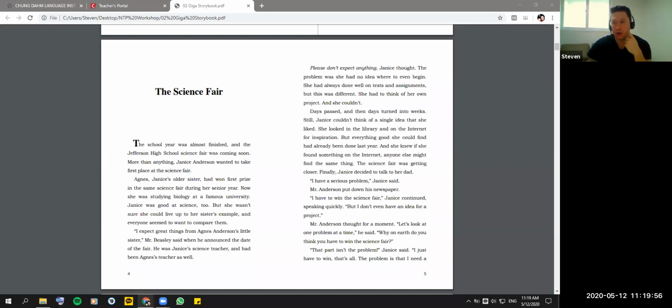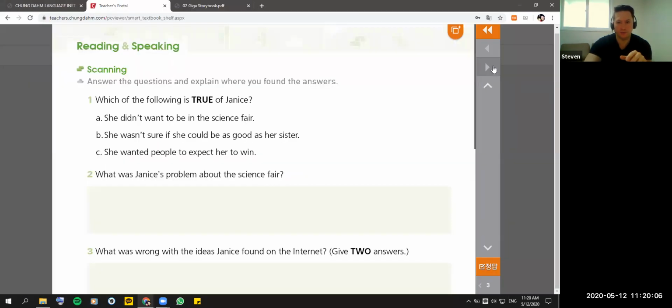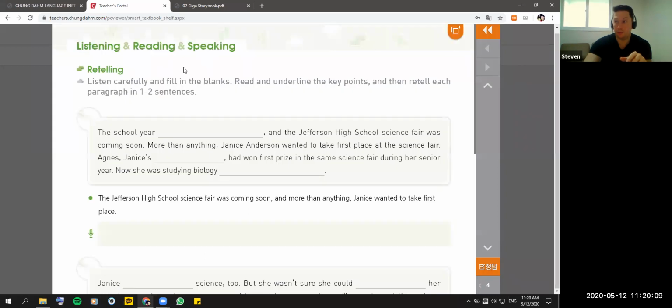So I encourage them to... are you referring to the listening, reading, speaking pages, where it says retelling and they play the audio and have little blanks throughout? Right. Here, when they play it, it's like they're reading along with the listening. They're hearing it and reading this, and then they write it down on a piece of paper. So I would have them keep looking at it and listening, and then writing as they hear it as they're reading.